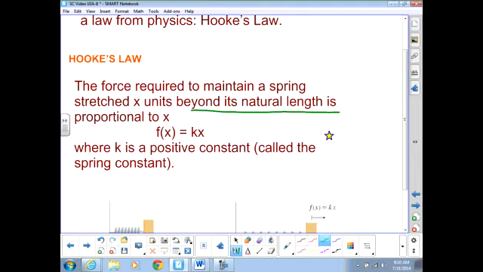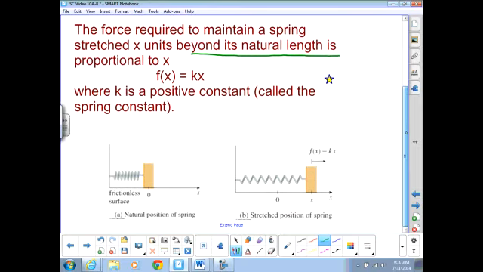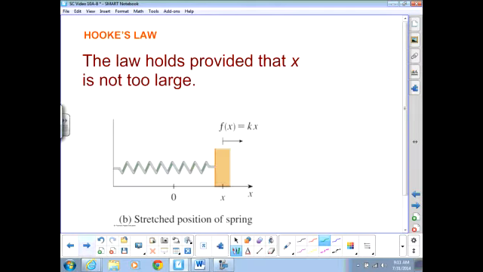If you stretch it, it's going some distance beyond that natural length. So here, if we say our natural length's at 0 and it's stretched this section, this distance here would be our x, because that's how far it goes beyond the natural length. So it's key to note that x is the distance beyond the natural length. And this law holds true as long as x is not too large.